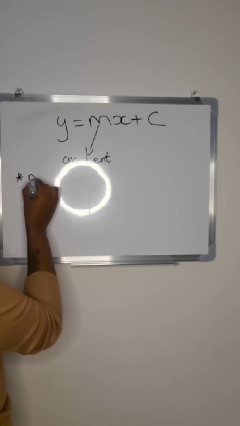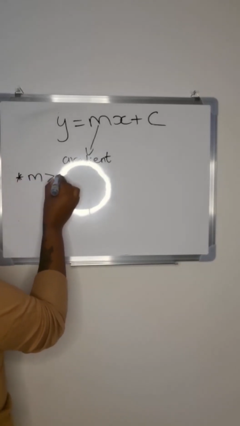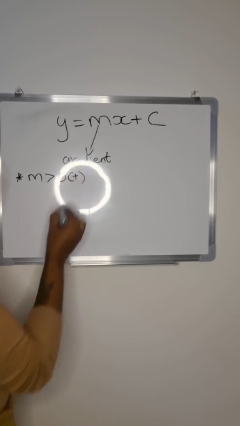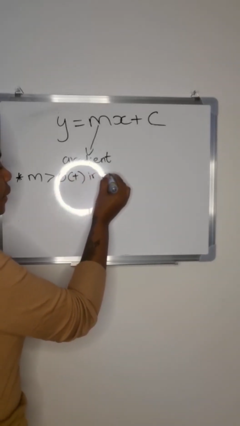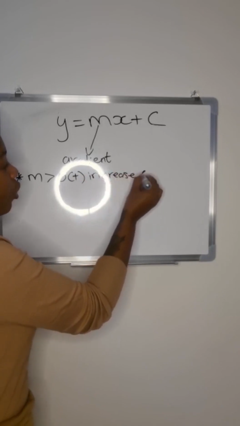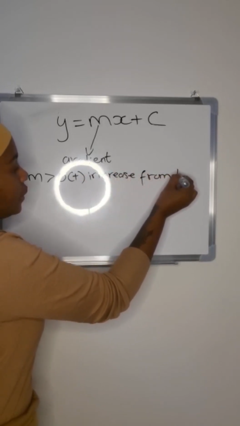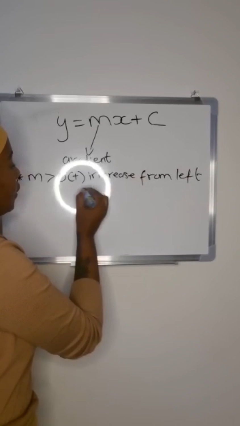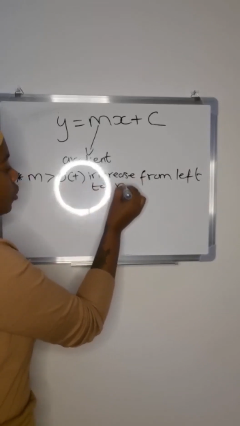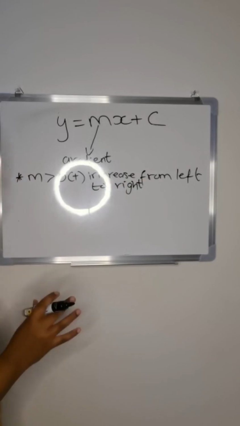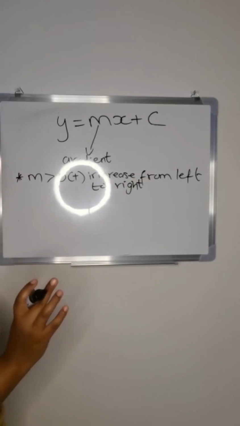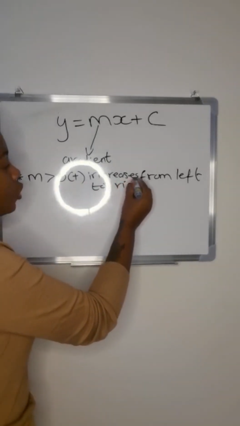When the gradient is greater than 0, that is when the gradient is positive, the line increases from left to right.